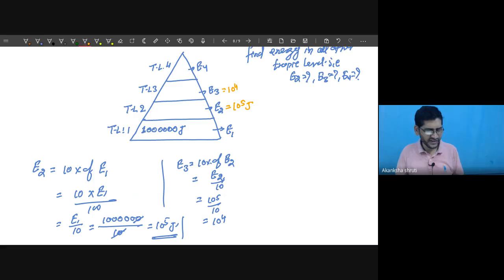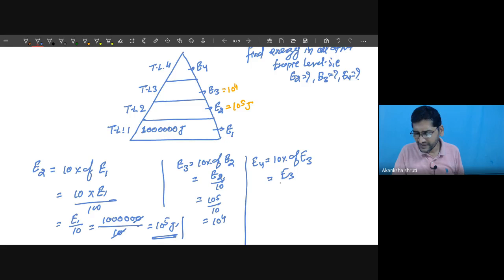What is for E4? It is 10% of E3. This is E3 by 10, 10 to the power 4 by 10. It is 10 to the power 3. Okay, this much.